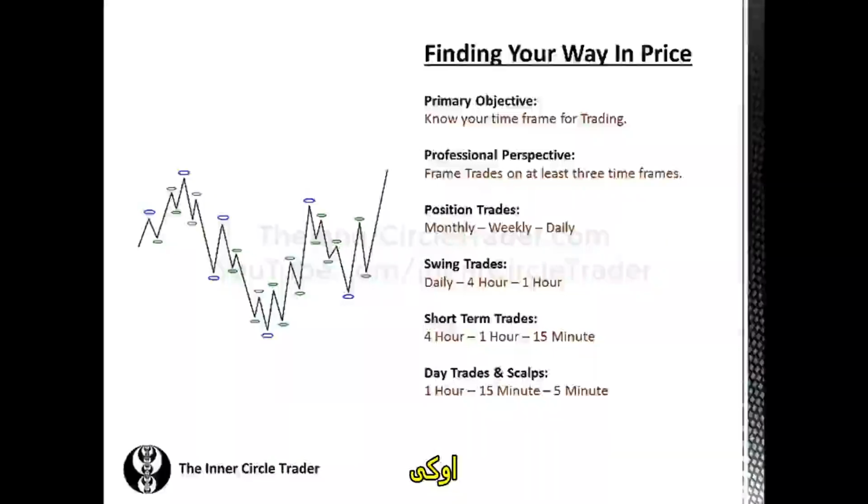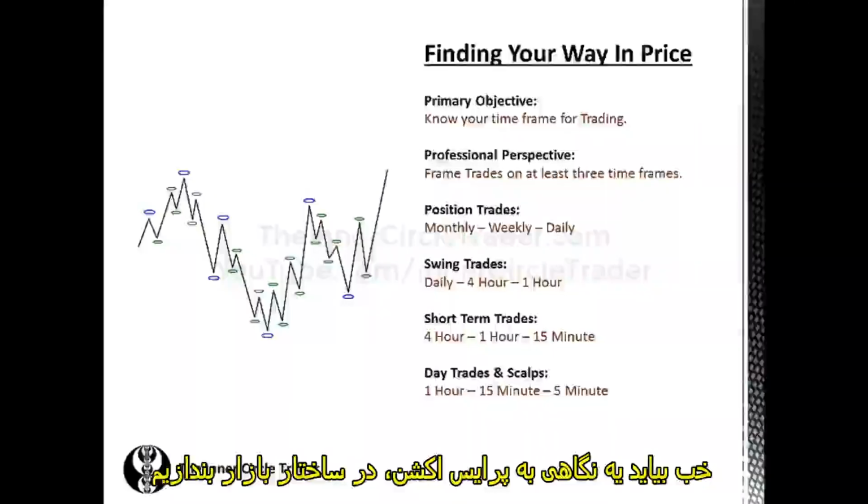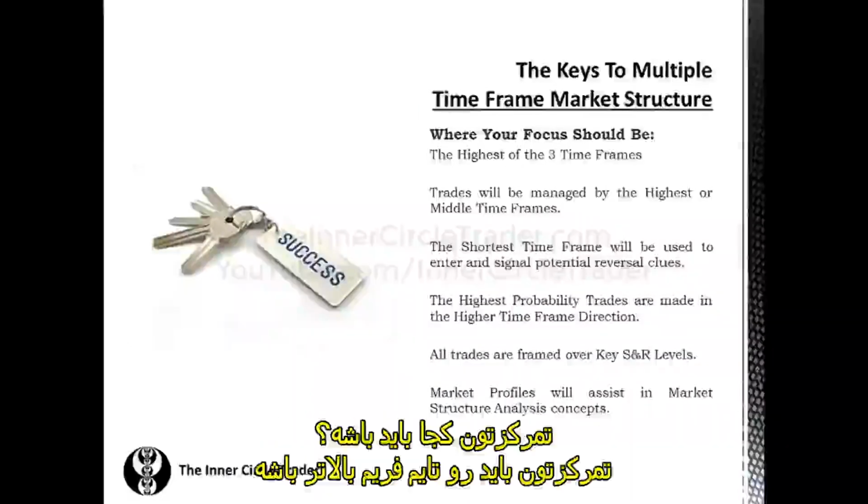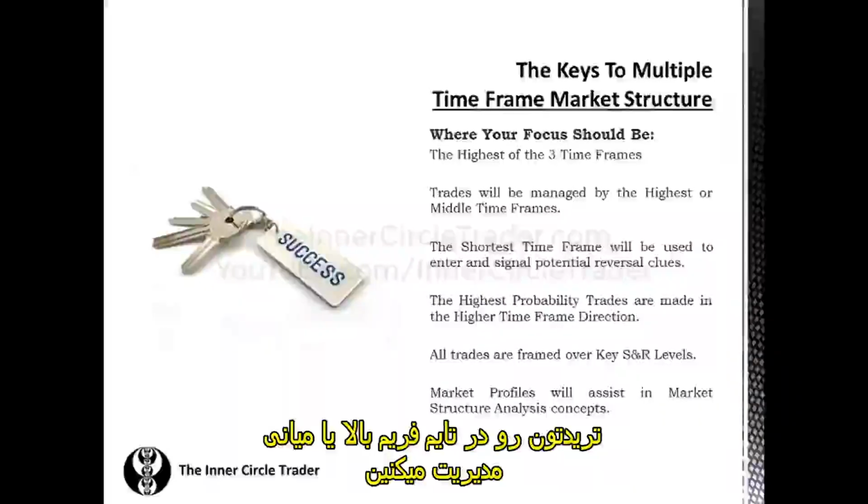So let's take a closer look at price action and market structure. Now, the keys to multiple time frame market structure are rather simple. Where's your focus? Your focus should be on the highest of the 3 time frames. Trades will be managed by the highest or mid time frames.